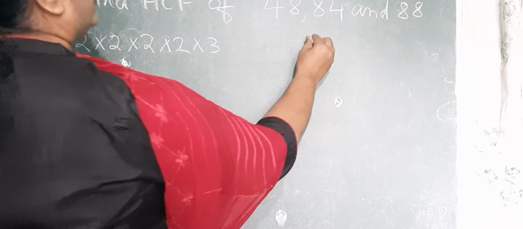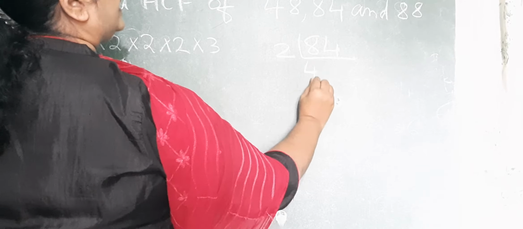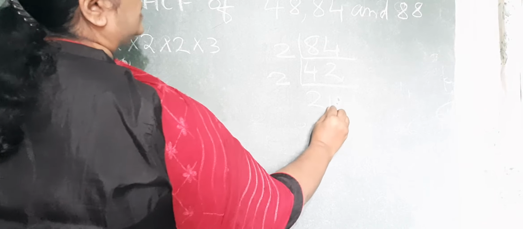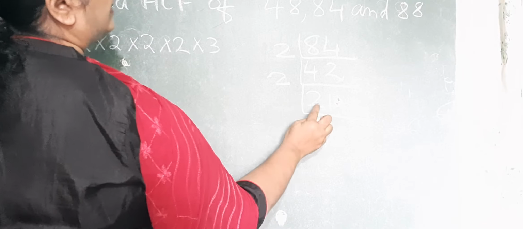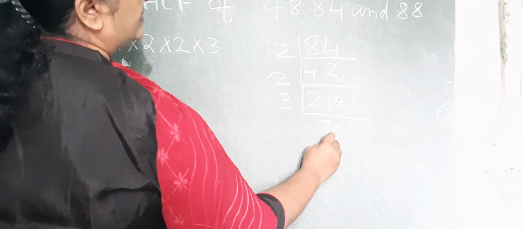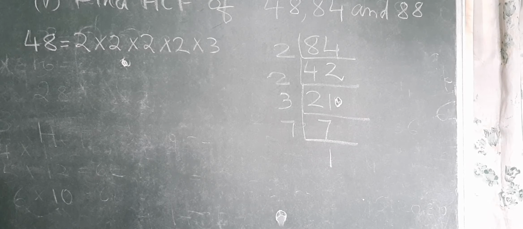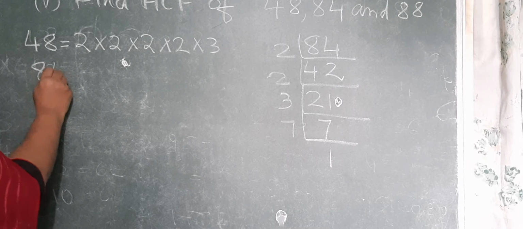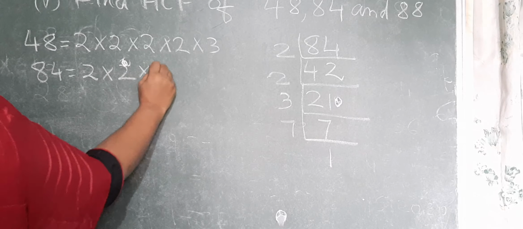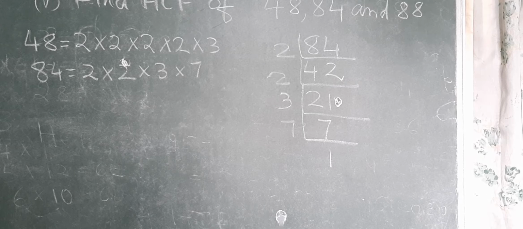So let us try 84. 2 fours are 8. 2 twos are 4. 2 ones are 2. Then it won't go by 2. So I'll try 3. 3 sevens are 21. And 7 ones are 7. So what are the factors of 84? I have 2 into 2 into 3 into 7.